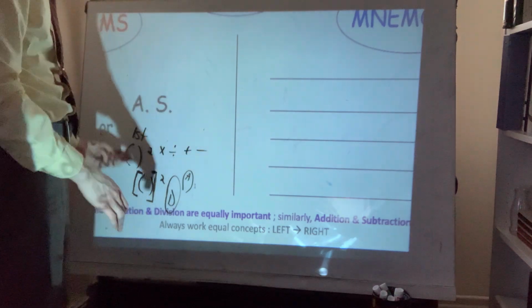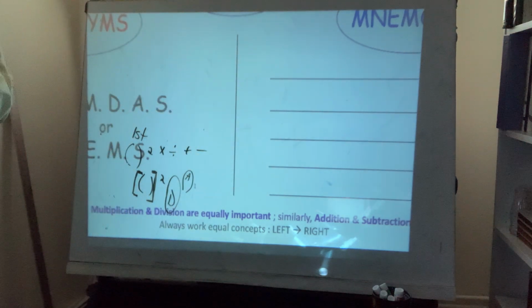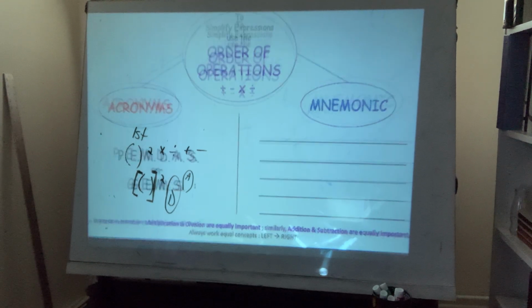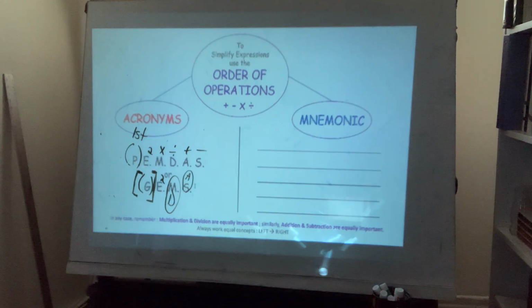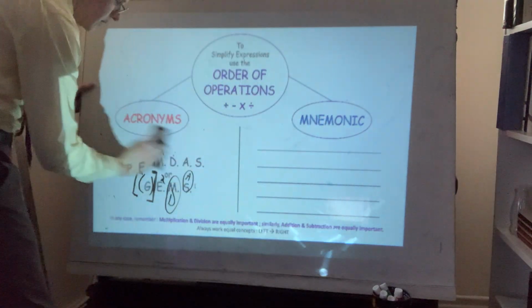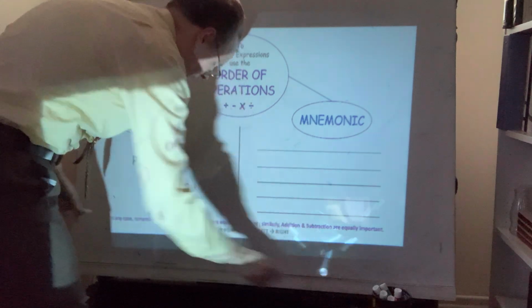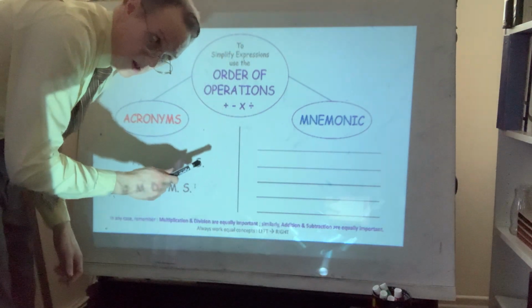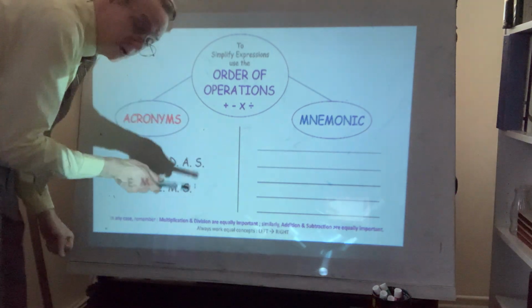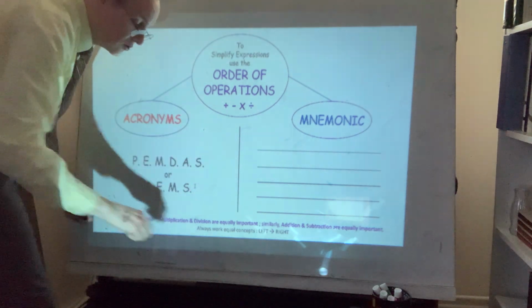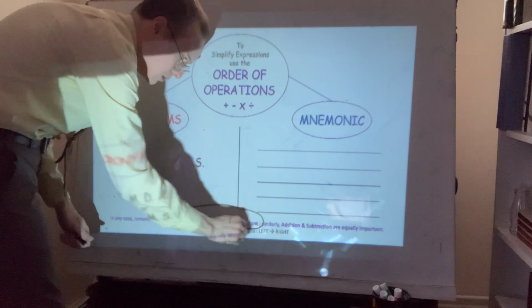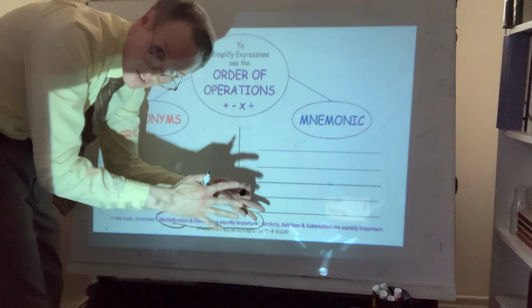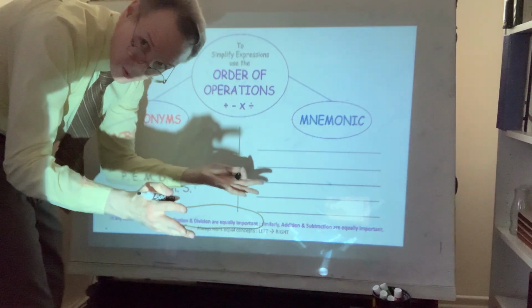Unfortunately, because we have these mnemonic devices, and an acronym is an example of one, we kind of mislead people. They think, oh, M before D, so therefore erroneously, multiplication always before division. Not so, because multiplication and division are equally important. They're opposite concepts of one another, but they're equally important.